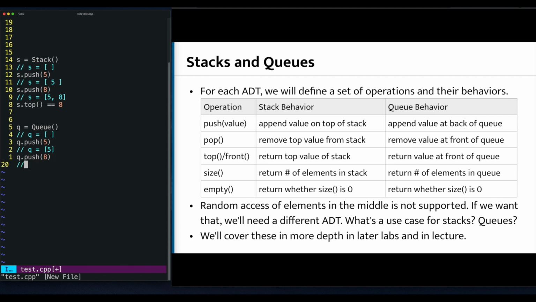So let's put 8 in. Now Q is going to be 5 and 8 still, but we'll use Q.front instead of top because I tend to think of queues horizontally while I think of stacks vertically.